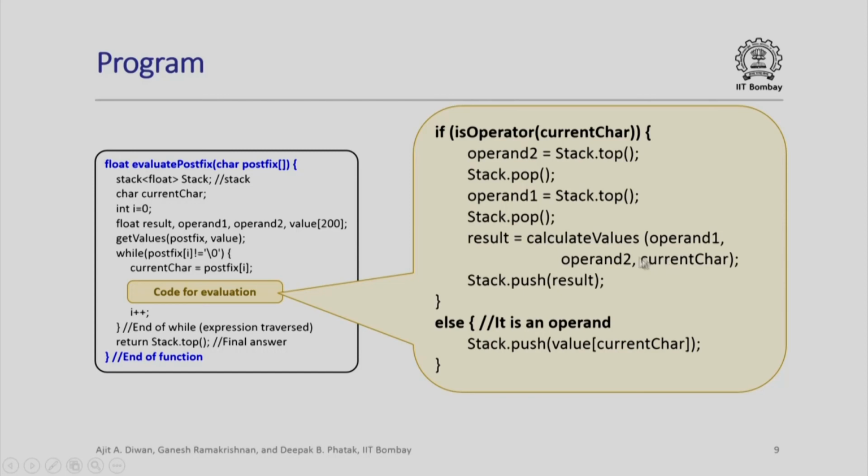Finally, it will result in the calculated value, and that needs to be pushed onto the top of the stack. This completes the entire operation associated with one operator. So, anytime we come across an operator, this is what will be executed. Anytime we come across an operand, this is what will be executed. You will notice that at the end, I would have completed the entire evaluation when this while loop ends, and that is the end of the function.